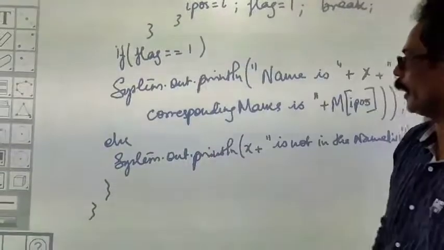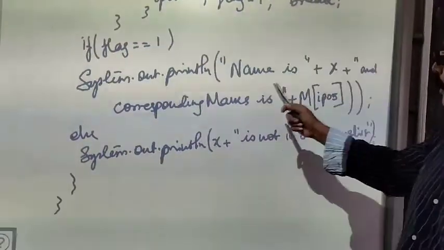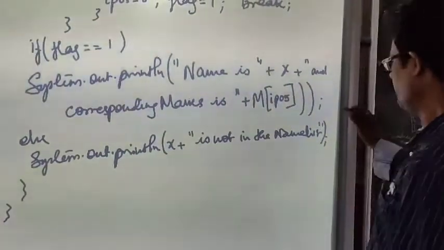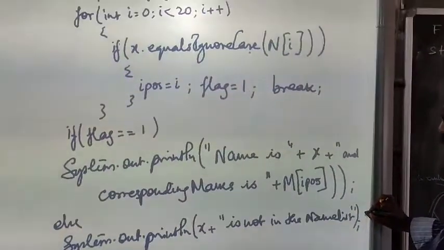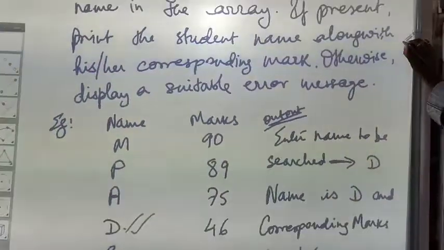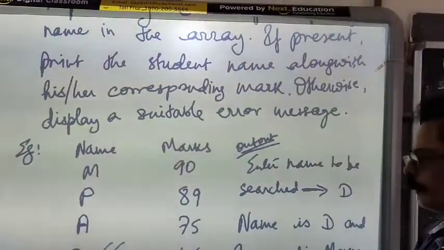Then if flag equals 1, System.out.println name is x and the corresponding marks is m[ipos]. Otherwise it is going to print something like x is not in the list. An error message will be displayed, and since it says a suitable error message, I can write any error message of my choice.